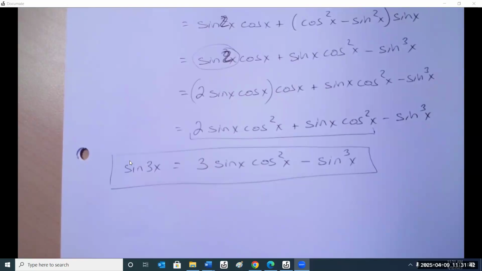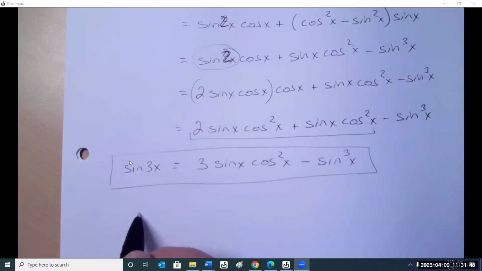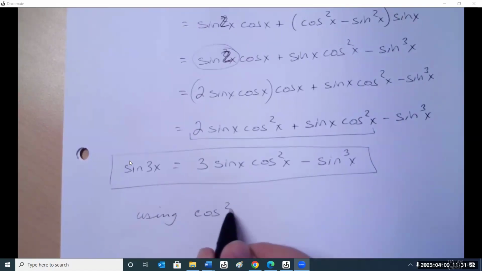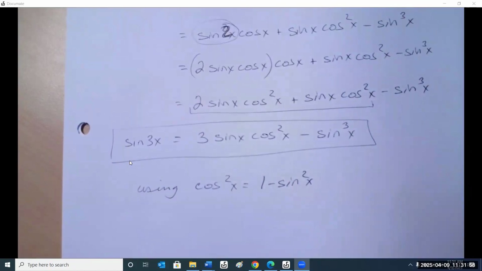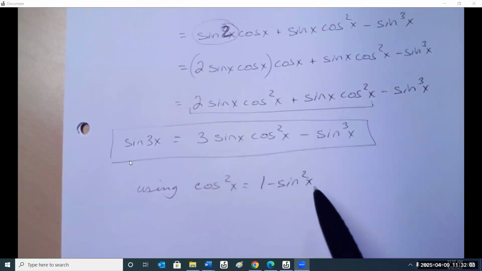Can we do anything else with it? Well, what is cosine squared x? Using cosine squared x equals 1 minus sine squared x. Right now we have a mixture of sine and cosine.